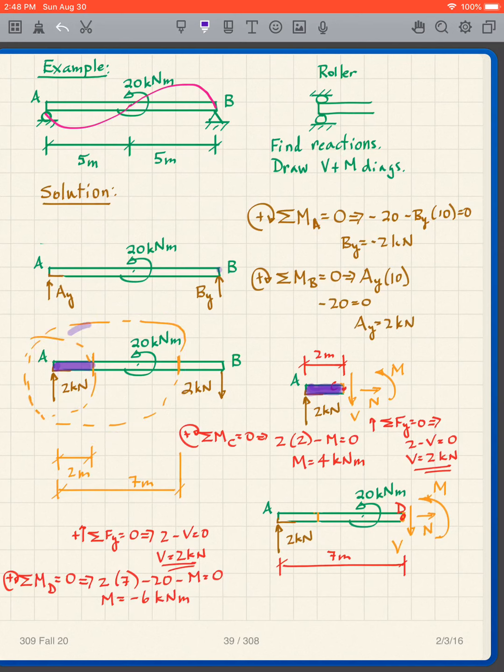I take the sum of the forces in the y direction equals 0, and I get V equals 2 for that. I take the sum of the moments about point C, which is here, and I get that M is 4 kilonewton meters.